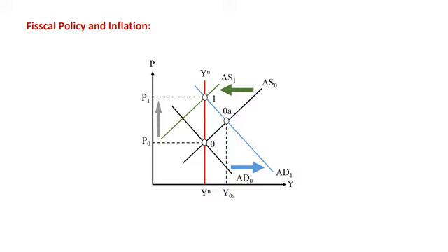The net result of a one-time increase in public spending was a one-time increase in the general level of prices. In the meantime, how does the inflation rate change? Prices increase from point 0 to point 0A and then from there to point 1.